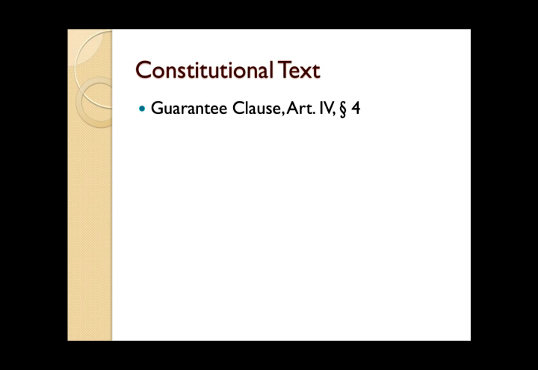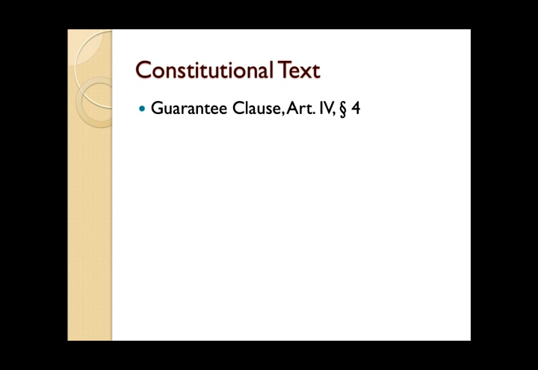Why is that relevant to voting? Well, a republican form of government is usually contrasted with, on the one end, a monarchical government, which is governed by one king and everyone is subordinate to that one individual's will, and a pure democracy, where the people themselves vote on every measure or law.